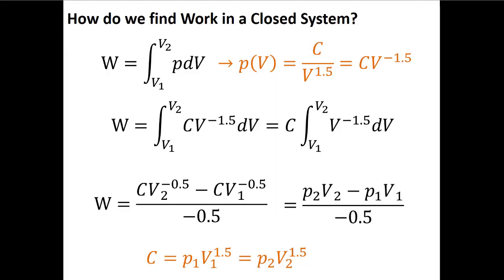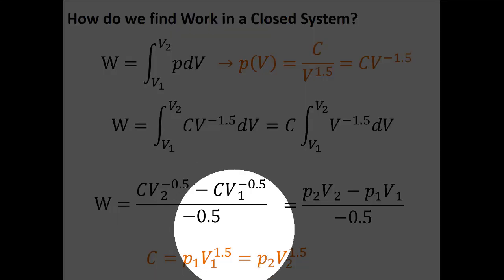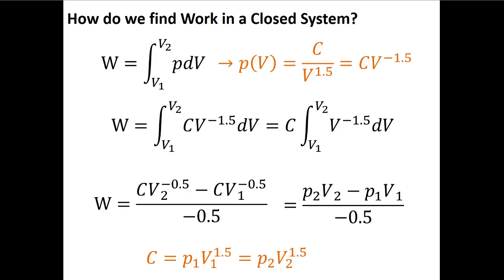And the reason that I do this is because then when we multiply V2 to the 1.5 times V2 to the negative 0.5, we just add up the exponents, right? And those exponents, when you add them up, will always equal 1. So what we're going to get here is P2V2 minus P1V1 divided by negative 0.5 is equal to the work.